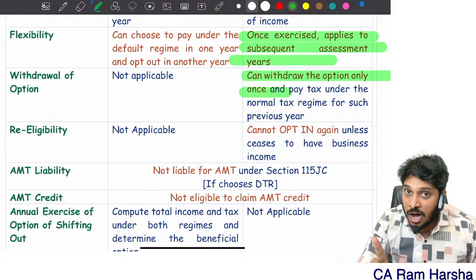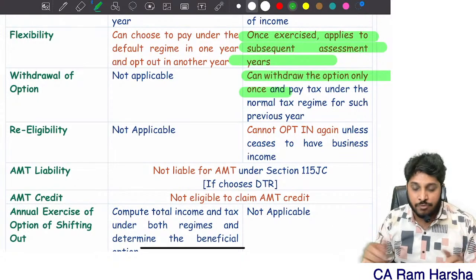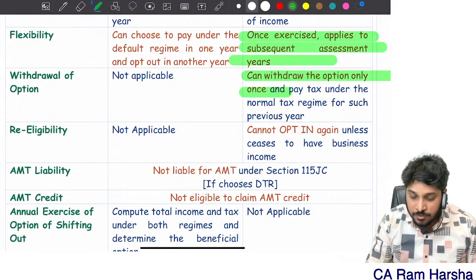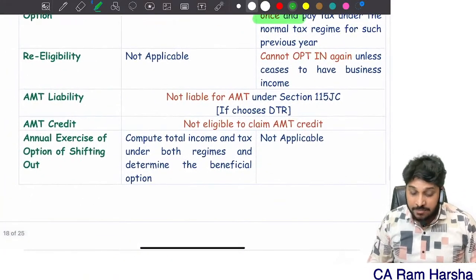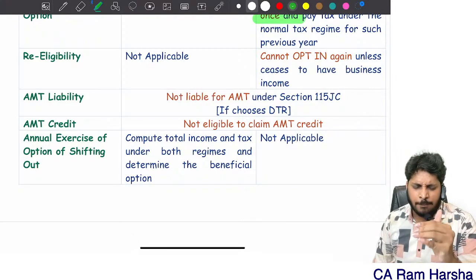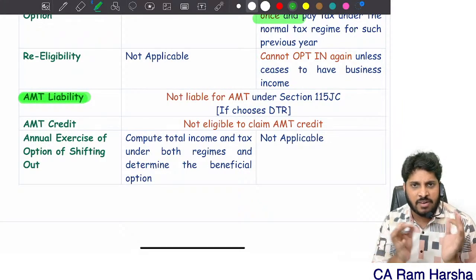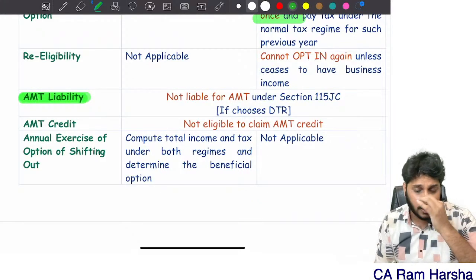If you withdraw later, you can never get back to default tax regime. Now, major provisions of default tax regime I completed. By the way, one more point: if you are computing income under 115BAC and paying tax under 115BAC, alternate minimum tax provisions 115JEE and 115JC, these sections will not apply.